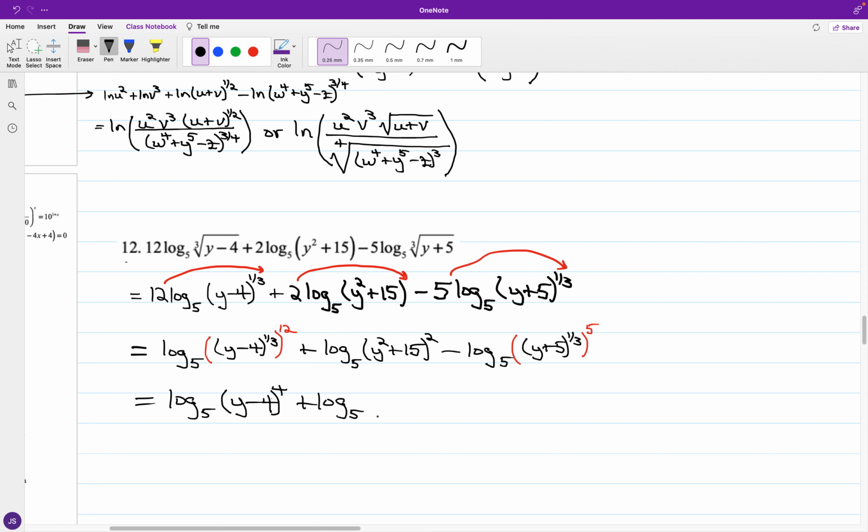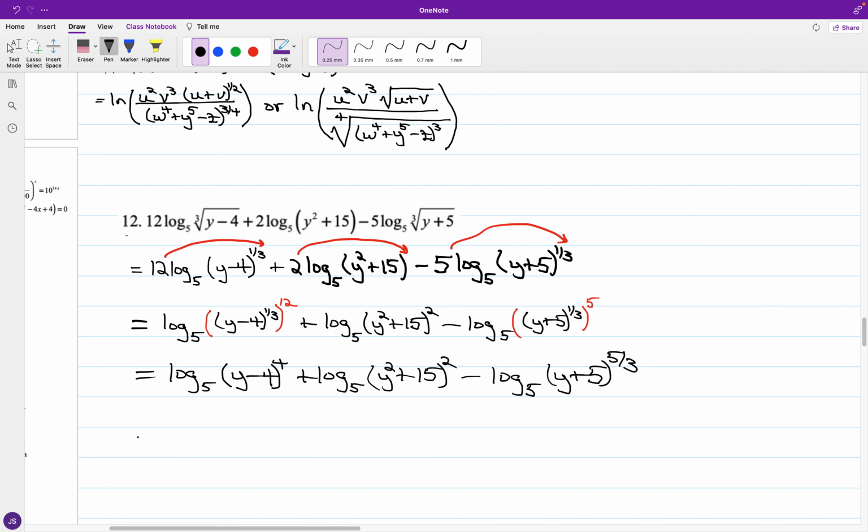We have plus the base 5 logarithm of the square of y squared plus 15. Again, we have minus the base 5 logarithm. And for y plus 5 to the 1/3 and then raised to the 5th, again, multiplying the powers. So we're going from one non-integer exponent to another. So in this case, we're going to have now y plus 5 raised to the 5/3.